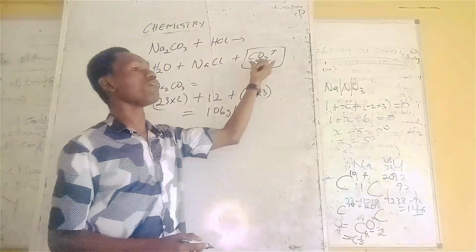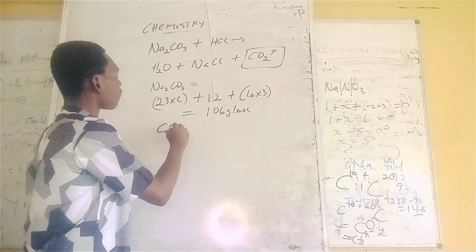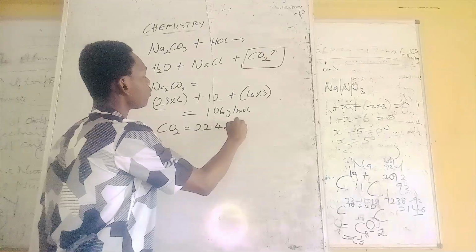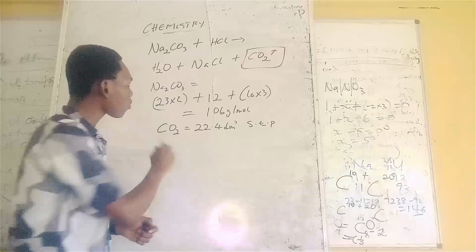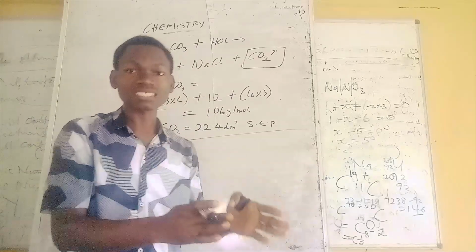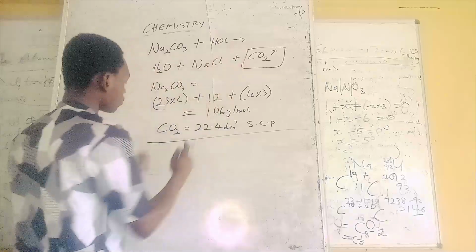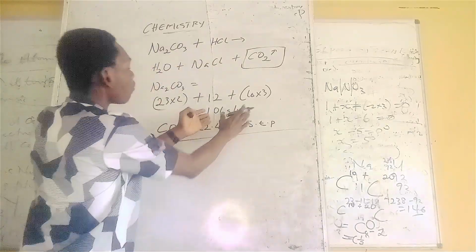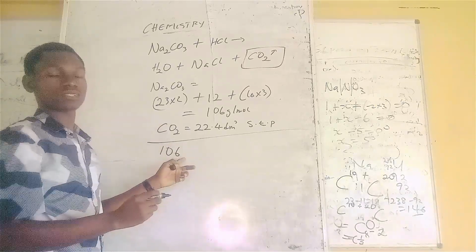And we are also told that the volume of carbon dioxide is equal to 22.4 dm³, which is at STP. This is a constant. So how are we going to relate this mass-volume relationship? This is it. In the equation, we are told that the molar mass of Na2CO3 is 106.